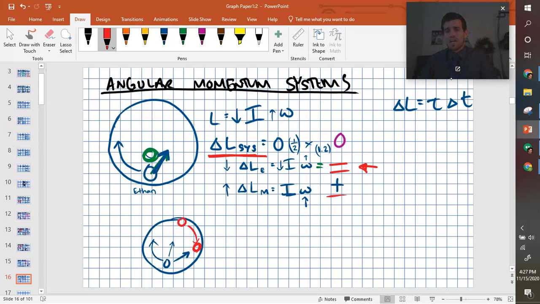The other takeaway is that if we do have a change in angular momentum, we must have a torque applied. It's generally good enough for you guys that if you recognize there's a change in angular momentum, you can say, I know a torque was applied. You don't even necessarily have to say where it came from, but you say it must have been applied because I can see there was a change in angular momentum of this particular part of the system.